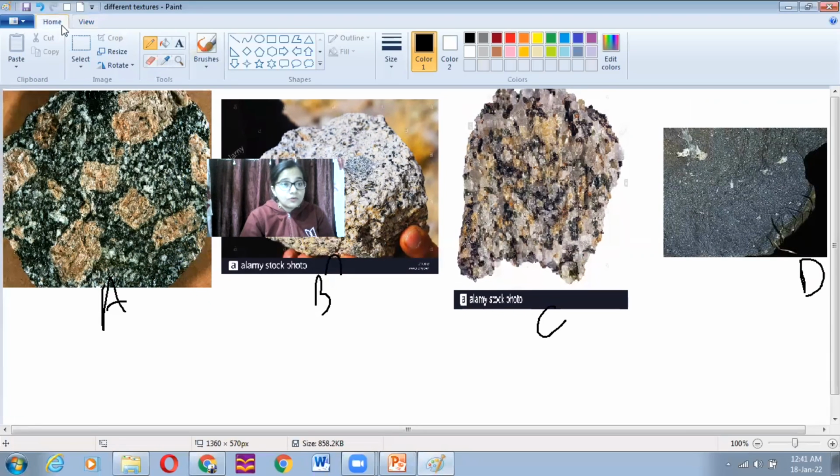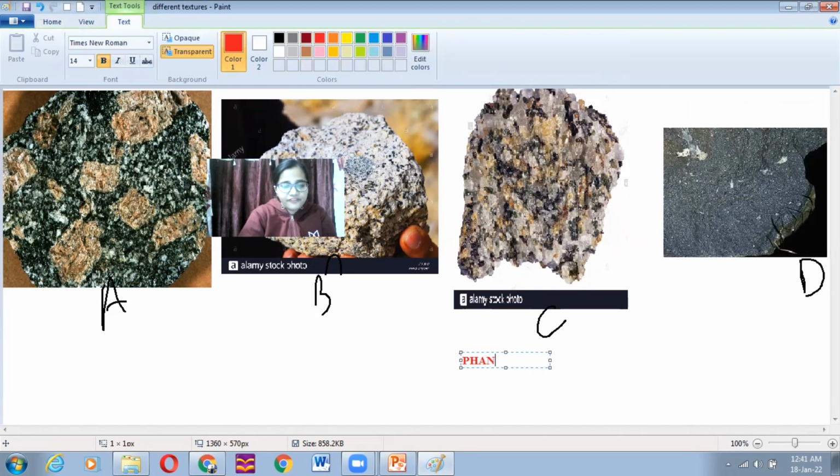So उस C texture का नाम है phaneritic texture. Phaneritic texture. I'll increase the font size. Phaneritic texture means rough texture.